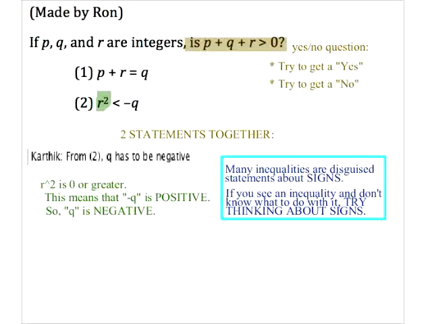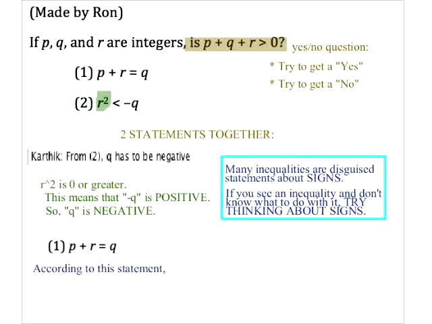Now, what do we do with statement 1? Well, there's a few places you can go with this. Let's just take what the statement actually says before we start thinking about doing fancy algebra stuff. The statement says that P plus R is the same thing as Q. So this is like a substitution, or it's basically saying these two things are the same.